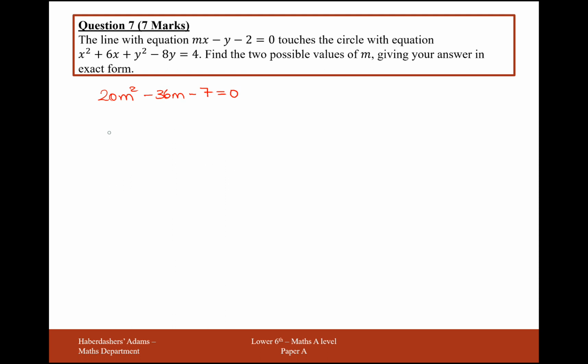And this doesn't look very nice to me, so I think I'll probably use the quadratic formula on this. So minus b plus or minus the square root of b squared minus 4ac all over 2a.